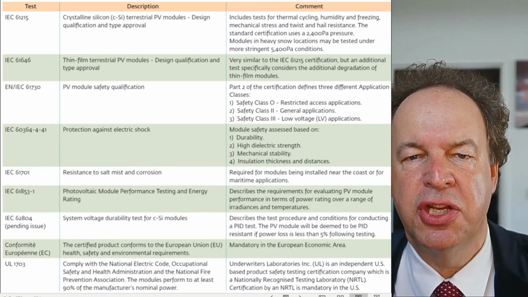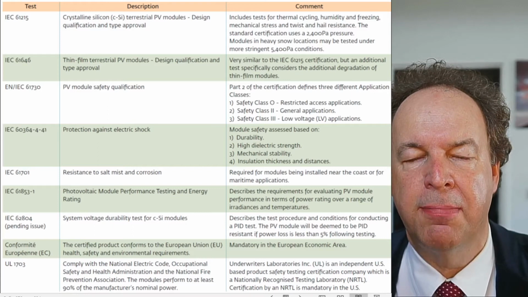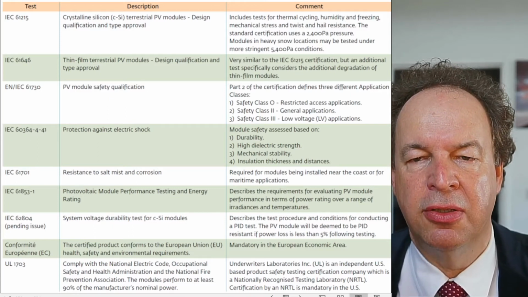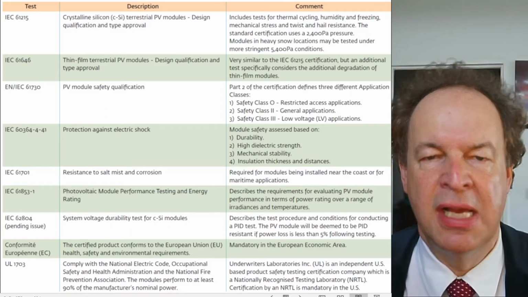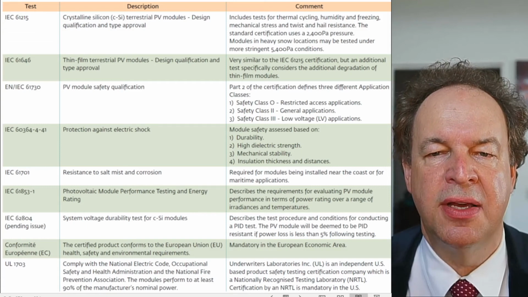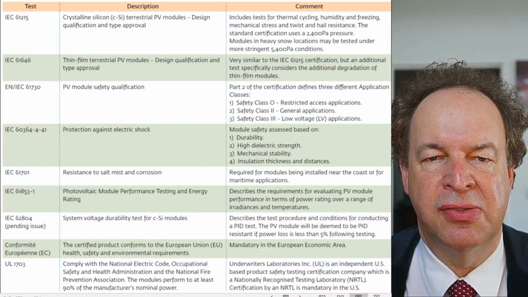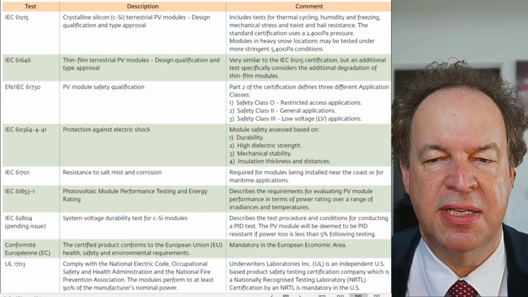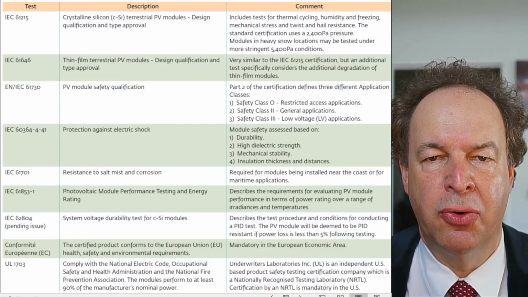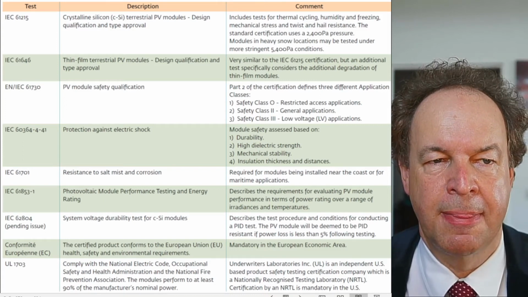The standard certification uses 2400 Pascal pressure. If you install your modules, for example, in the Alps, then you have to make sure that there is an extended pressure resistance. For example, here 5400 Pascal. So it can withstand either higher snow loads or wind loads.